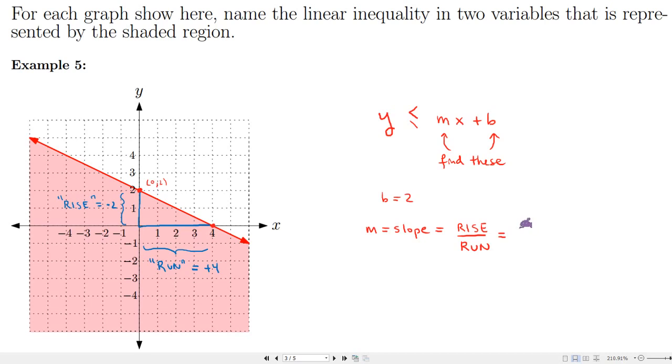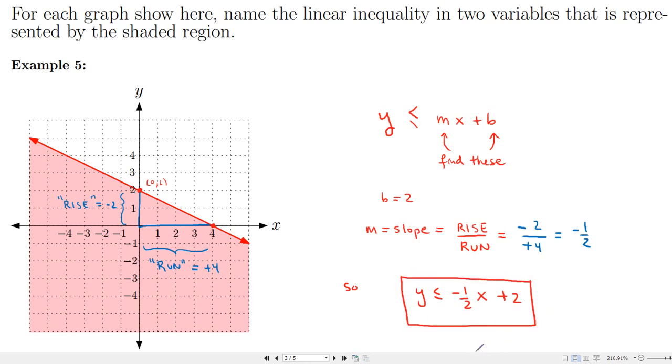So that's -2 over +4, which is -1/2. Now we have the two pieces of information that we need, and we can finish the linear inequality: m is -1/2, so -1/2 x, and then b is 2.